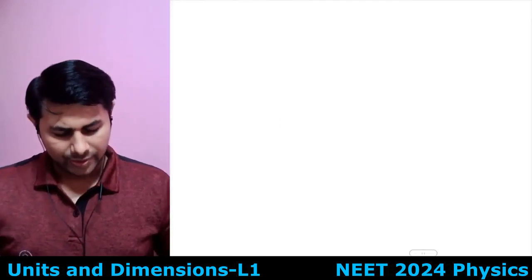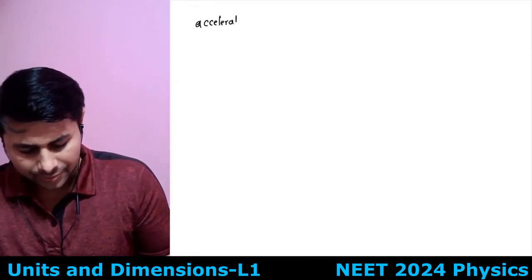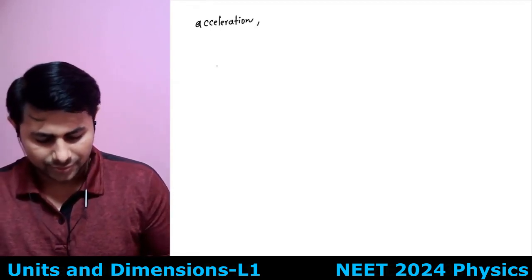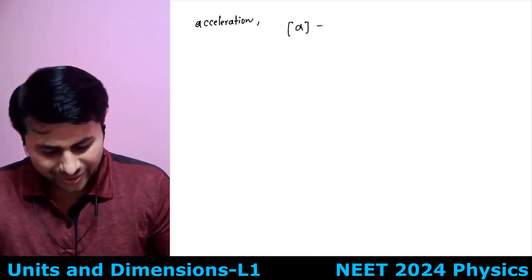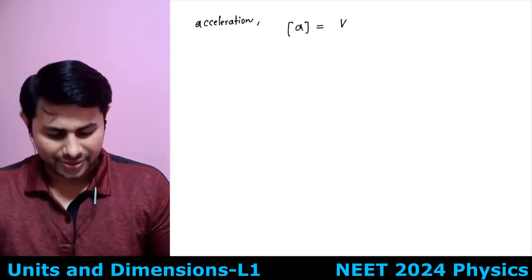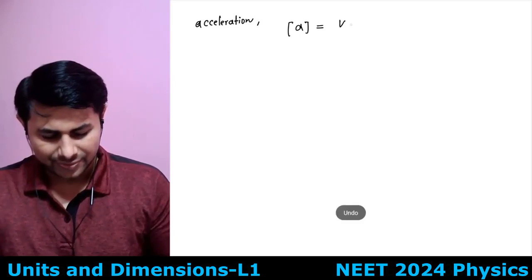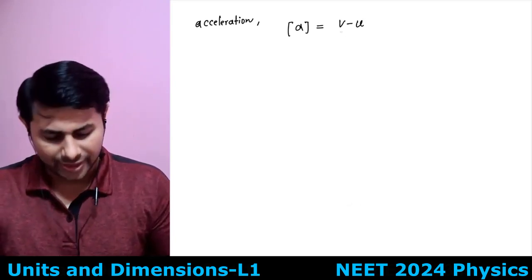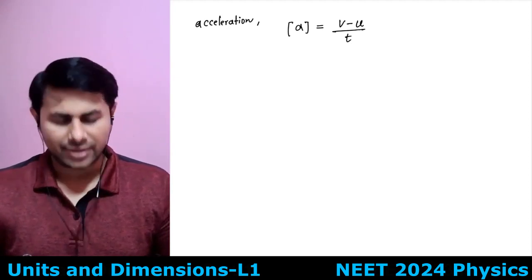Similarly, let's find the dimensions of acceleration. Let's put acceleration in a box. What is acceleration? It is L t power minus 2. Yeah. What is the formula? V minus u divided by t: final velocity minus initial velocity divided by time.